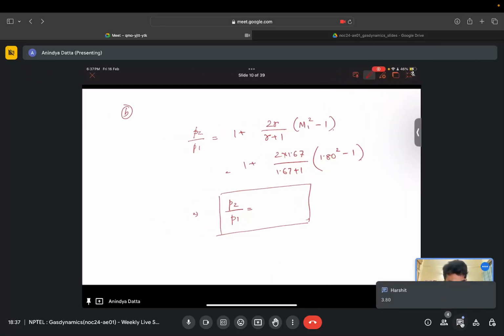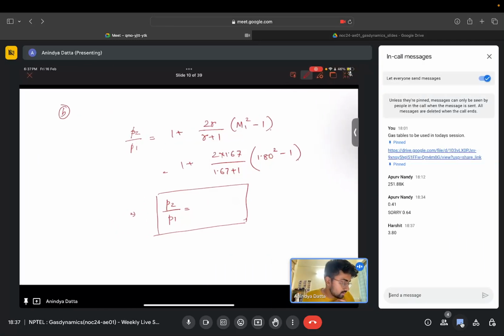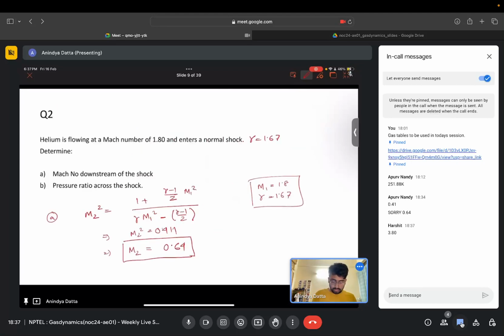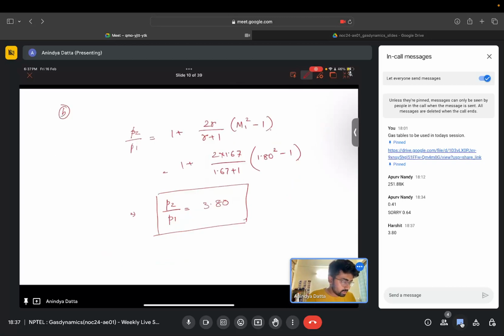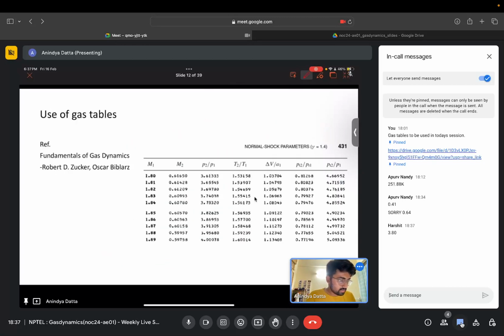Yes, we'll get 3.80. Thanks. So this is the first problem. We simply applied the formulas to get the downstream Mach number and the pressure ratio across the shock.